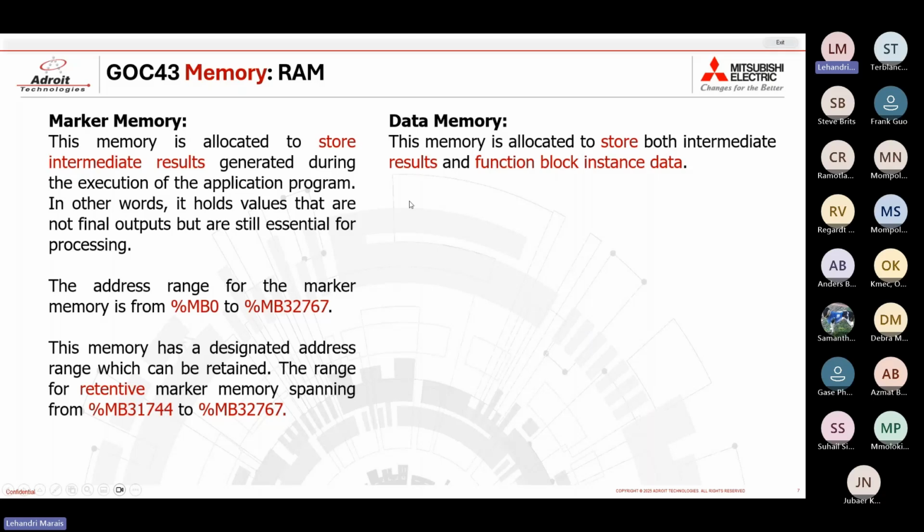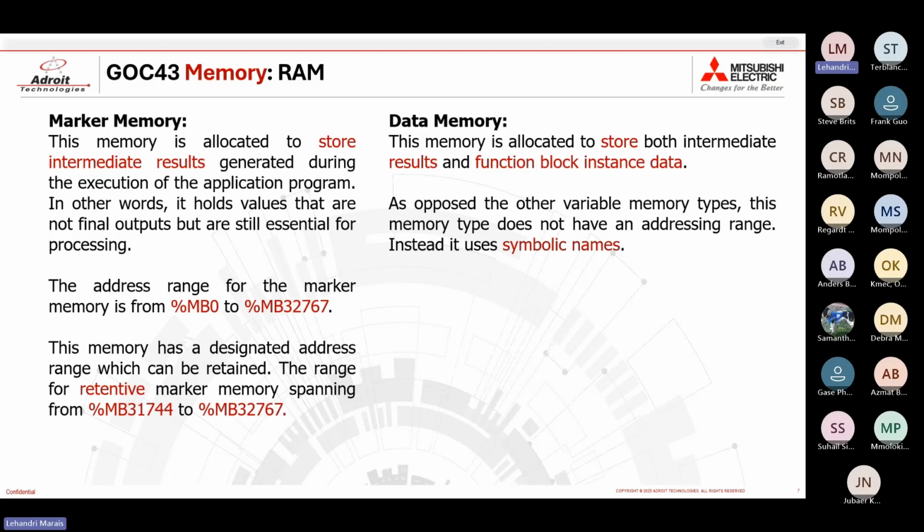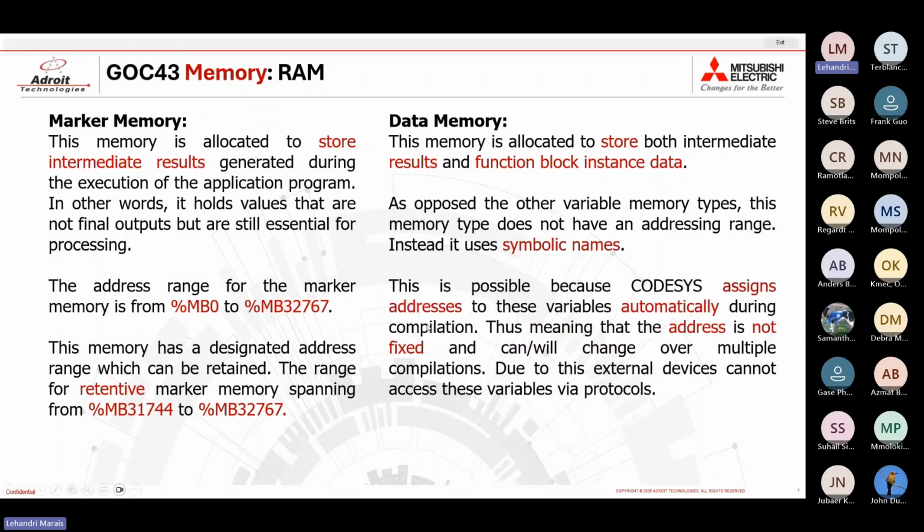The last memory type for the RAM is the data memory, which stores both your intermediate results as well as function block instance data. As opposed to the other variable memory types, this memory type does not have addressing, as it uses symbolic names.